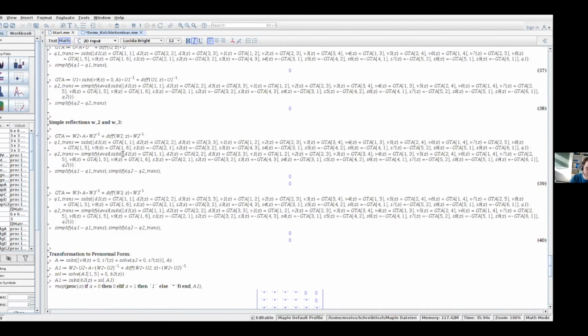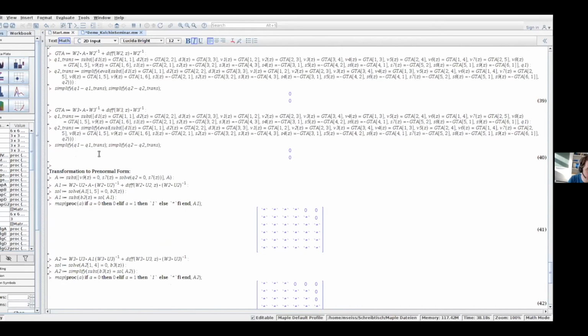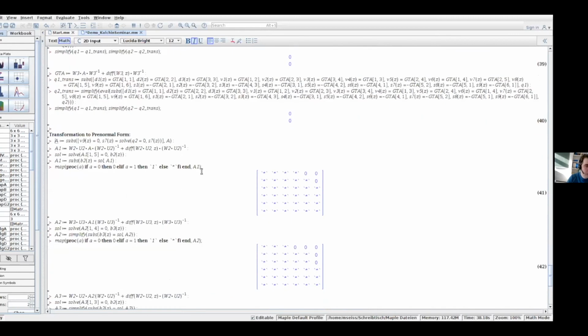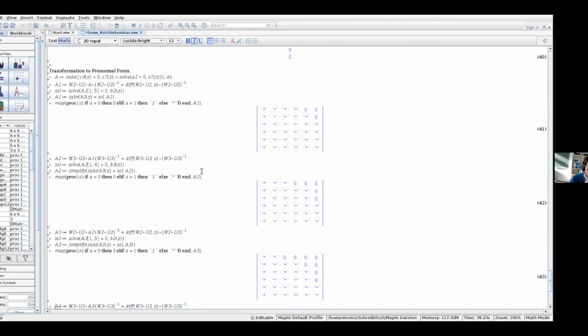Okay, and here come the simple reflections, W2 and W3. So we see that the set mathcal X is stable under the parabolic subgroup. Next is to transform a generic element of this subset to normal form. And this is done here. So on every step, we go down the filtration.